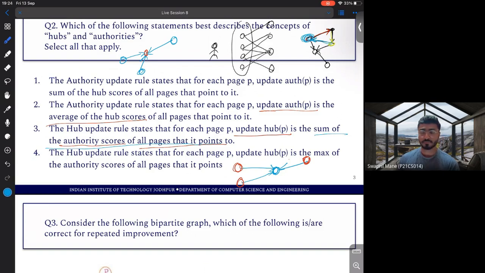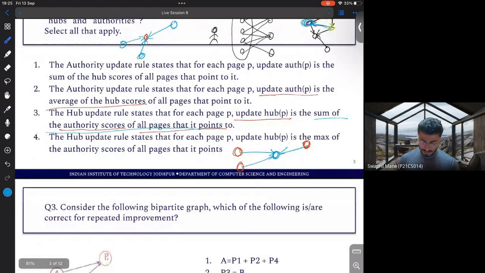So here, the same way we calculated the authority value: in the authority quantification, we considered the incoming edges from nodes which are hubs, and we summed up their hub scores, right? And in the hub quantification, we considered the authority scores of the nodes pointing to it, that particular node, right?